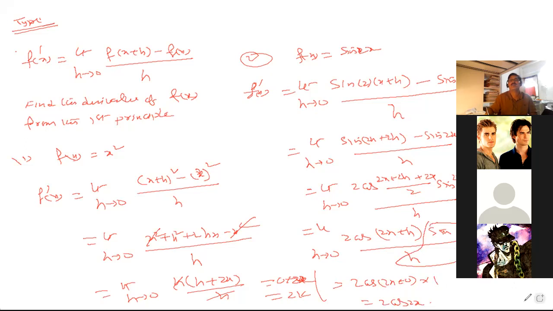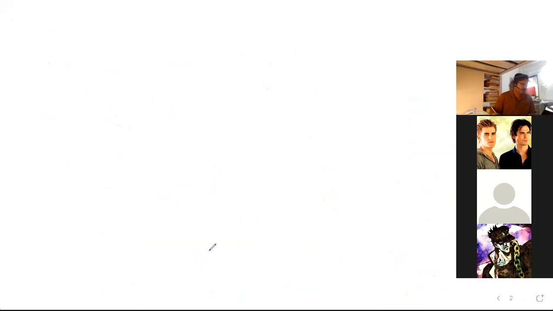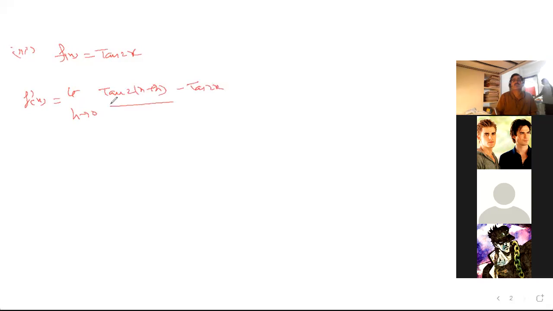Okay, fine. We'll move on to the next one. I want to take another one, so you will get a clear idea about this third one. Suppose f of x is equal to tan 2x. We are always using the transformations; multiple, submultiple and compound angles also play a major role. So f dash x by the first principle means limit h tends to 0, tan of 2x plus h minus tan 2x, divided by h.